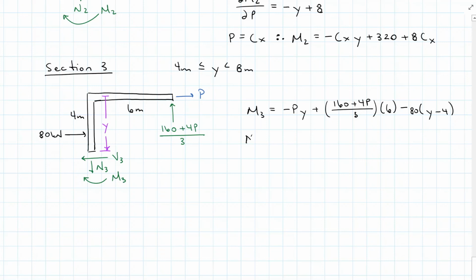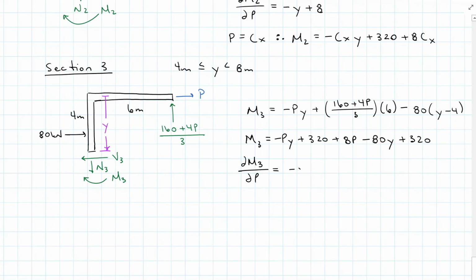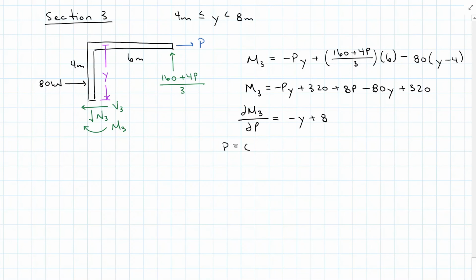Expanding this out, moment 3 is equal to minus Py plus 320 plus 8P minus 80y plus 320. Taking my partial of M3 with respect to P, I get minus y plus 8. P is really equal to Cx. Therefore, my moment 3 equation is equal to minus Cxy plus 640 plus 8Cx minus 80y.